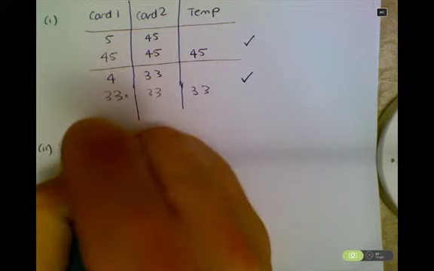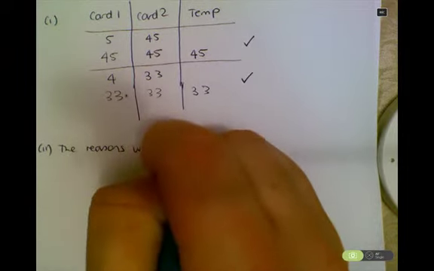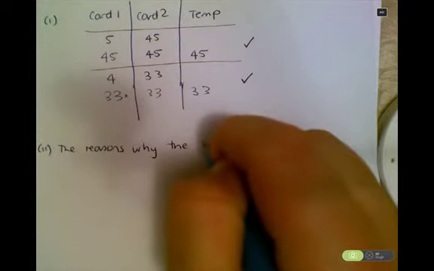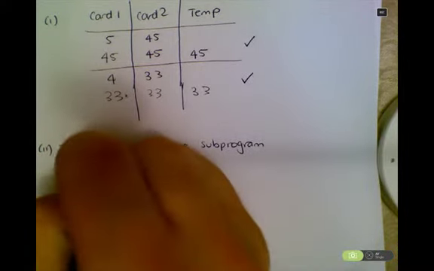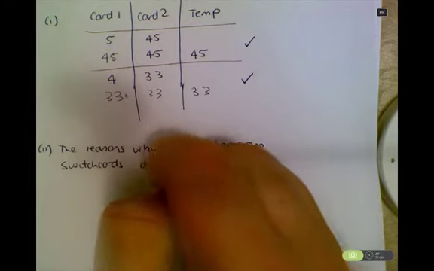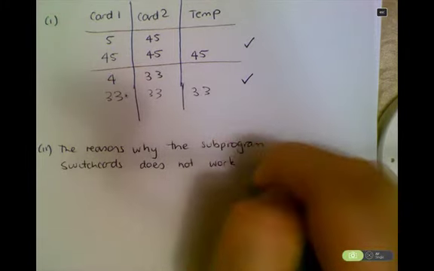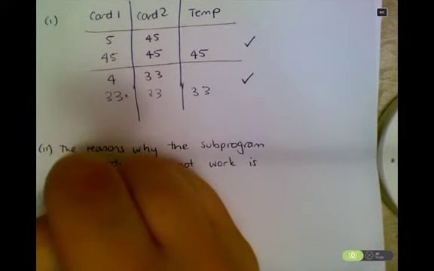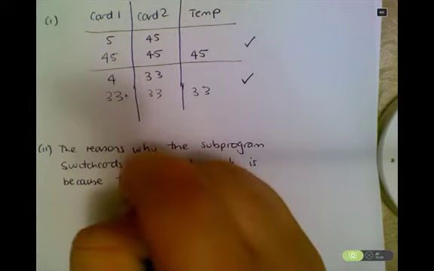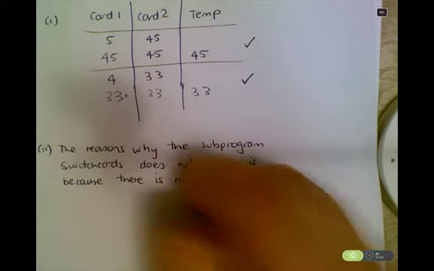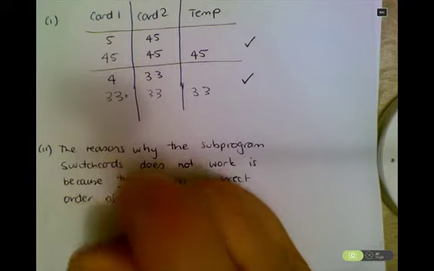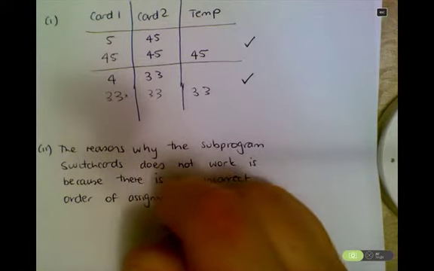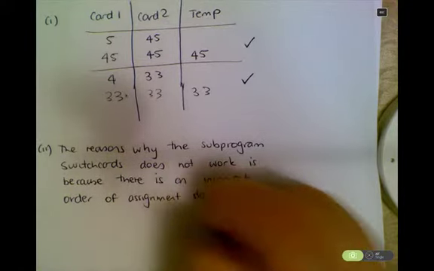So for this second one, the reason why the subprogram switch cards does not work is because there is an incorrect order of assignment statements in the swap.